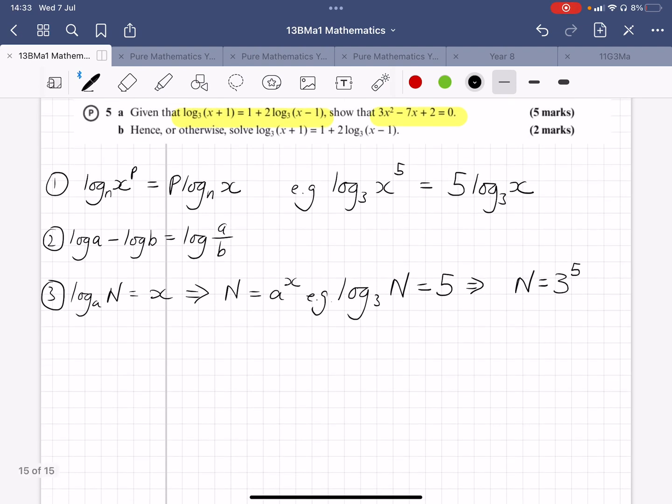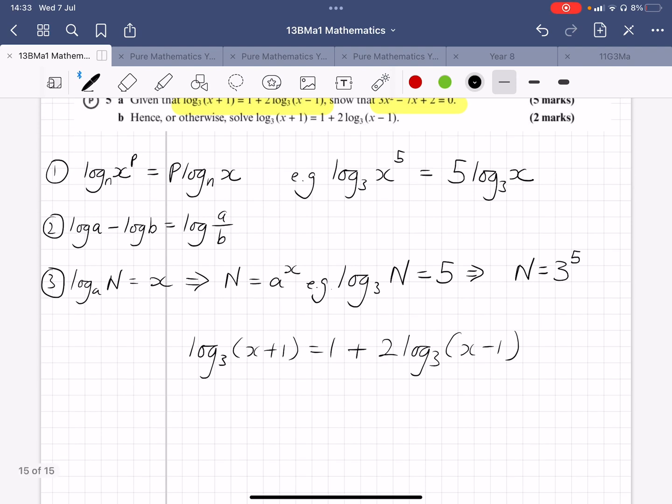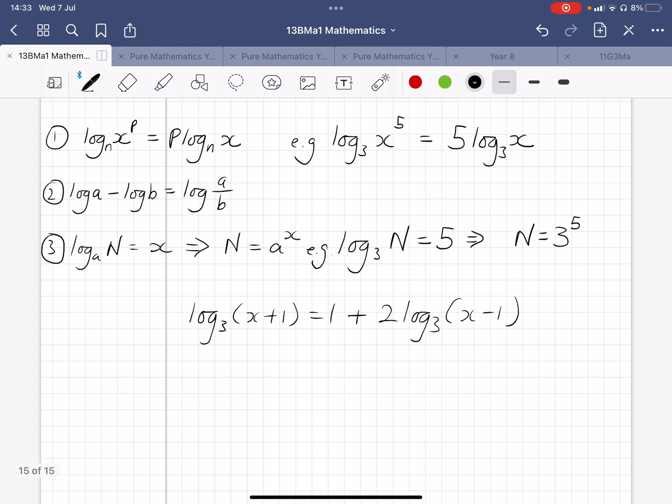So let's have a look at this. Log base 3 of (x plus 1) equals 1 plus 2 log base 3 of (x minus 1). If you look at this, I can rearrange to give me something similar to rule 2, but before that even, I'm just going to apply rule 1 to this term here.